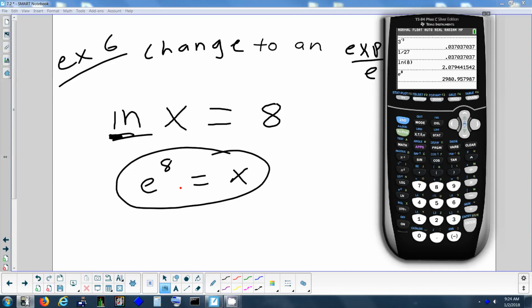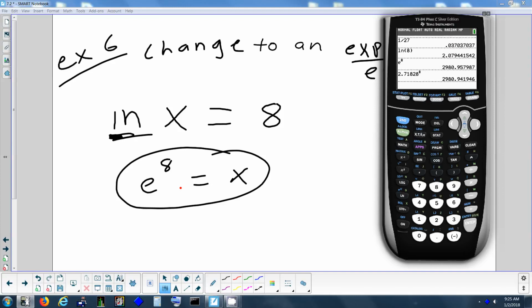What you could always do is, if you know what e stands for, 2.71828, you could always just type it in by hand. As long as you type in that many decimals, it'll be accurate enough. And then raise it to the 8th power. That would be close enough.